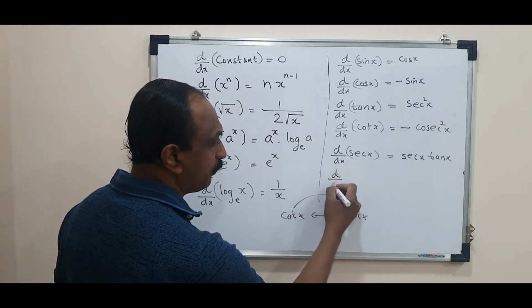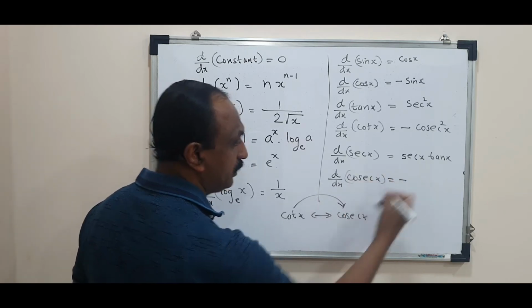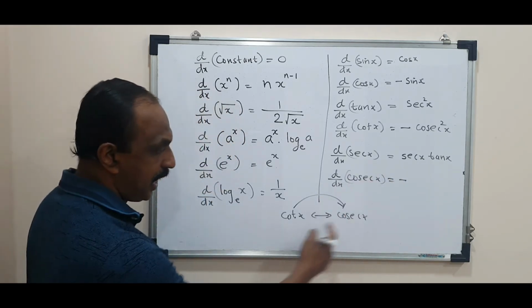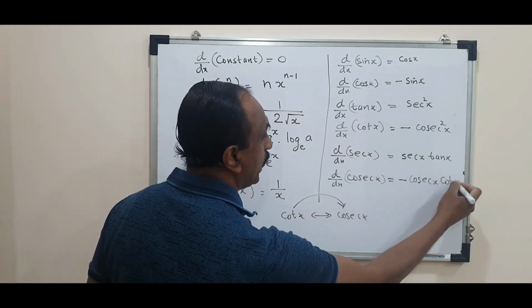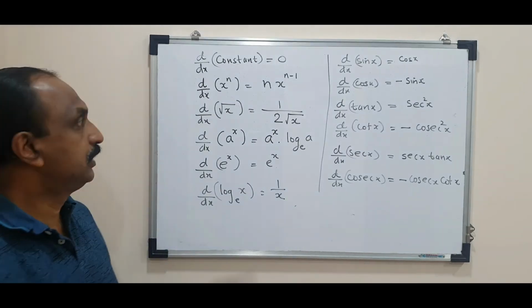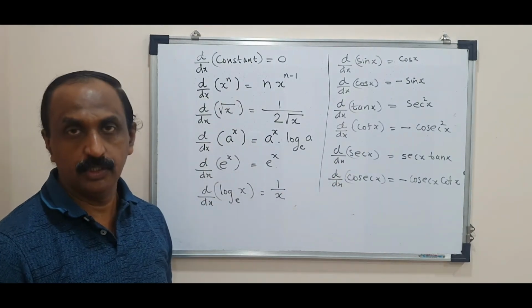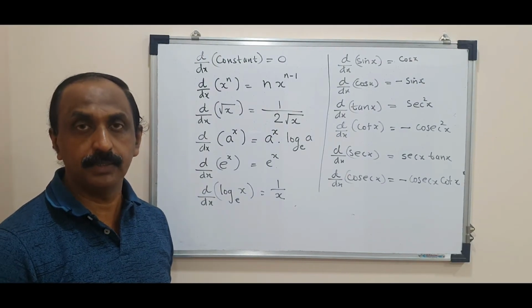Lastly, the derivative of cosec x. Again a negative sign because c is present. And you need the product of it, cosec x into cot x. These many formulae you need to learn by heart. You should learn these formulae by writing them 2 or 3 times. See that every formula here is learned permanently.